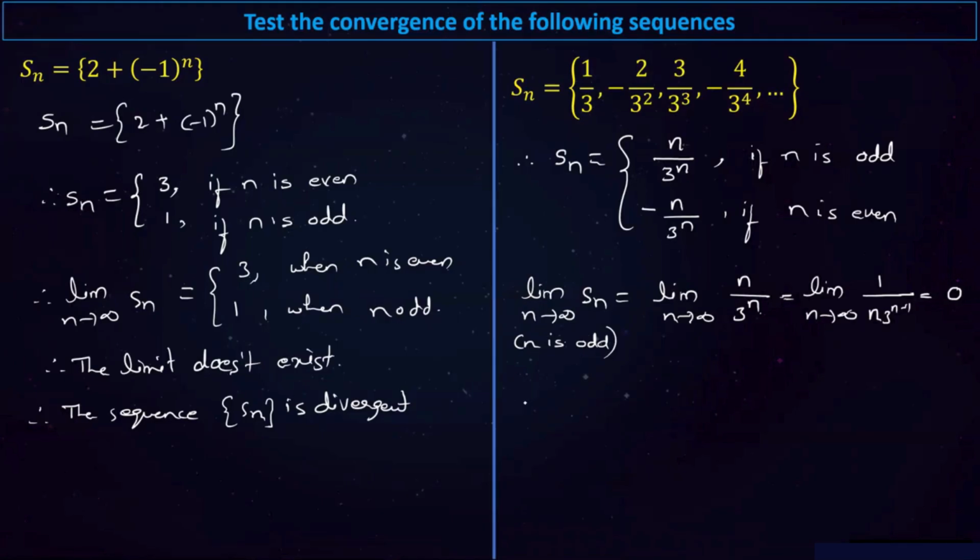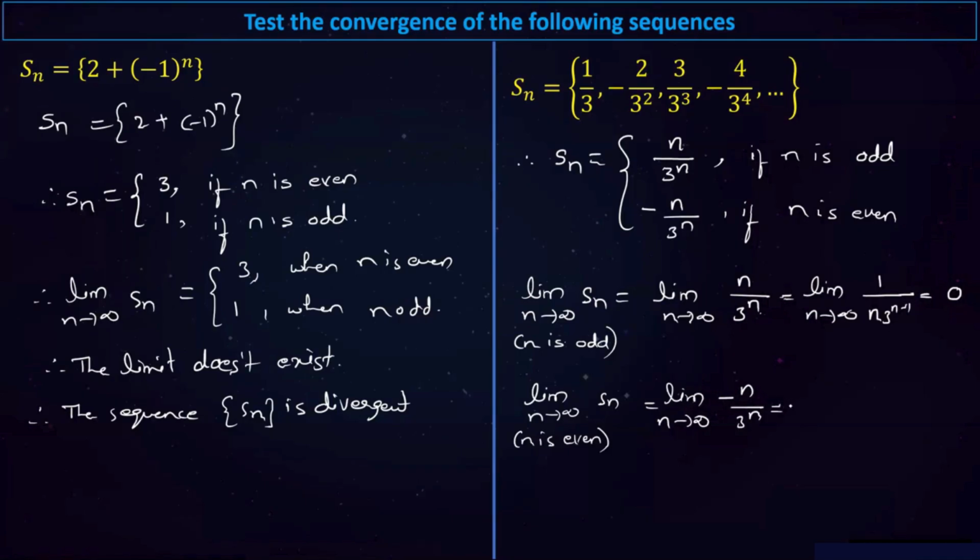Next, in a similar way, let us take limit of Sn when n is even. In this case, a similar story with a negative sign, nothing else. Limit n tends to infinity, now it is minus n divided by 3 to the power of n. The same thing, I cannot take n tends to infinity directly here.